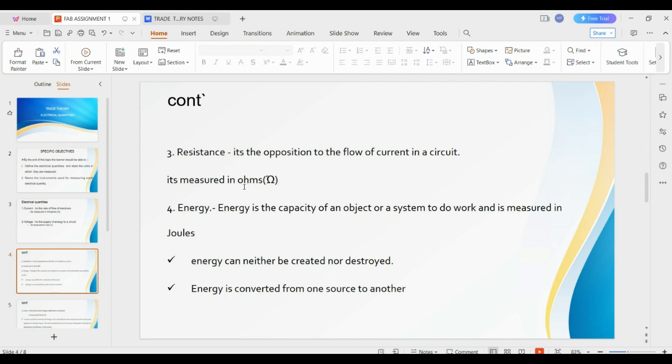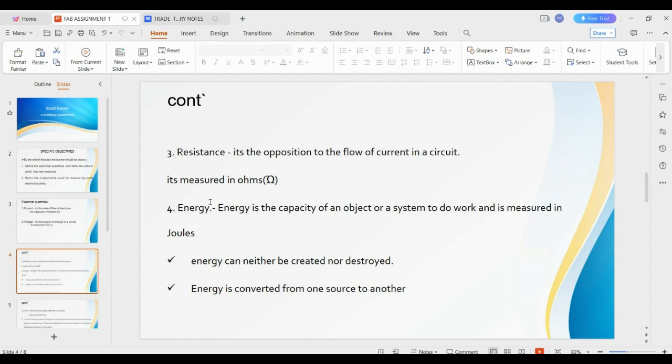So we know that voltage, abbreviated as V, is given by I, which is current, multiplied by R, which is resistance.